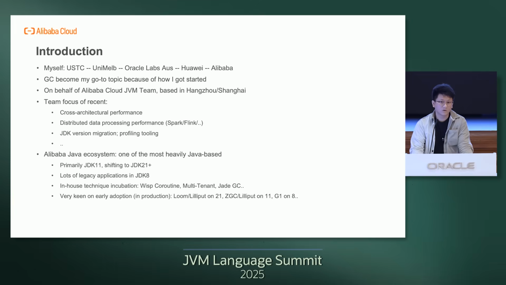We are very keen on adopting the latest features from OpenJDK, such as Loom and Lilliput on 21. We're trying out newer solutions to the pinning issues on 21, and we use JGC and Lilliput on 11, and we use G1 on 8.